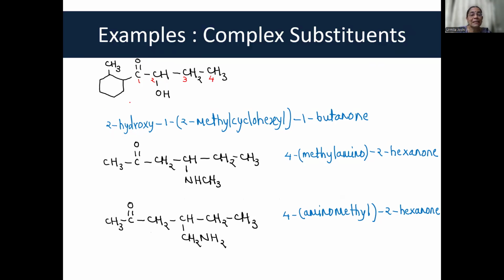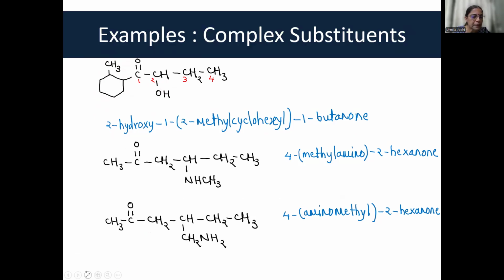Now, just see, this is a slightly complex substituent. There is at 2 position, there is a substituent, and at 1 position also there is something. So it is 2-hydroxy, that is quite clear. Okay. After 2-hydroxy, we come to 1. Okay. The substituent is 2-methyl cyclohexyl. Now, and 1-butanol.